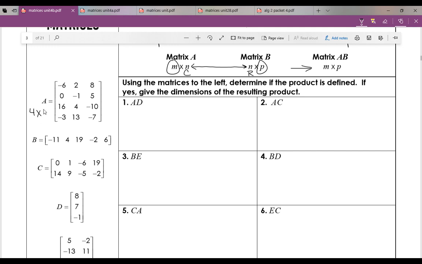A 4 by 3. What are the dimensions of D? A 3 by 1. So if I'm multiplying a 4 by 3 times a 3 by 1, if these two numbers are the same, these two numbers represent the answer. So yes, I can multiply them together because the middle numbers are the same, and my result will be a 4 by 1.